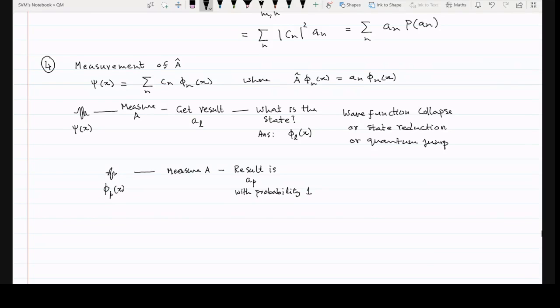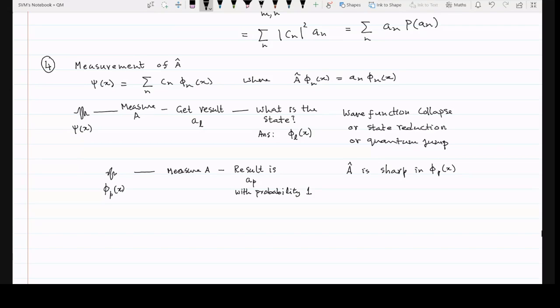There is no other result possible here. In this situation, we say that A is sharp in this phi p, because we get only one result and there is no dispersion.